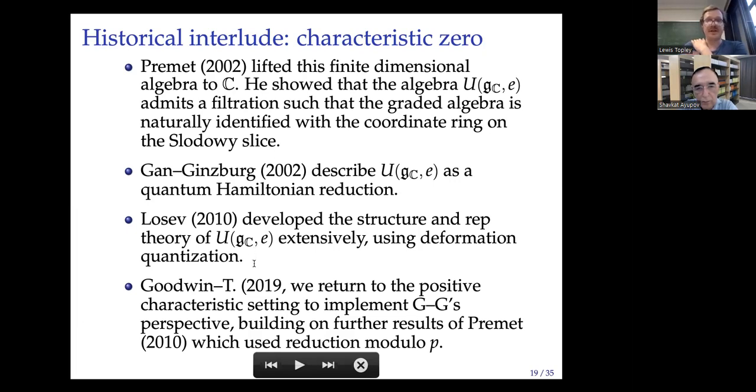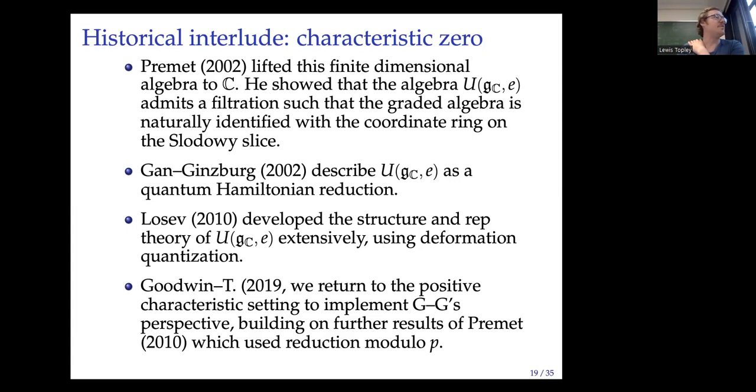Losev introduced in 2010 the theory of deformation quantization, and he really came in with a bang. He proved some very impressive theorems about these W-algebras and the way that their representations relate to those of the enveloping algebras of complex semisimple Lie algebras, especially the theory of completely prime primitive ideals.